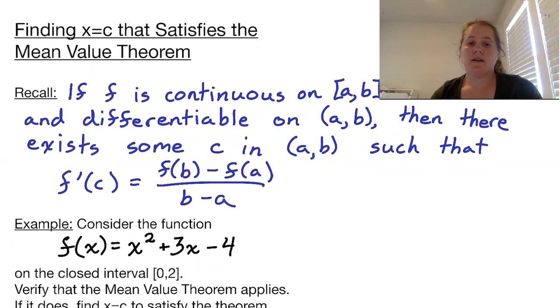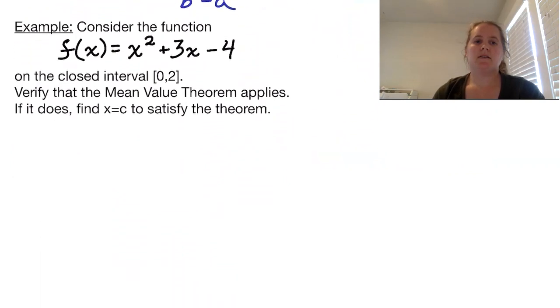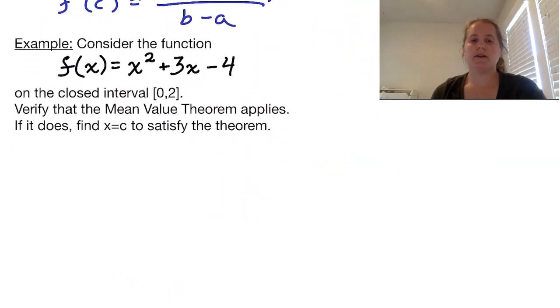Now let's go ahead and consider a specific example. Consider the function f of x equals x squared plus 3x minus 4 on the closed interval [0, 2]. Our job is to verify that the mean value theorem applies, and if it does, find x equals c to satisfy the theorem.